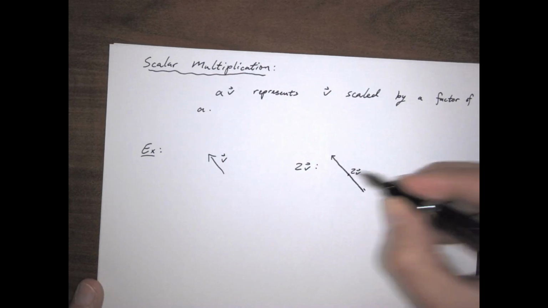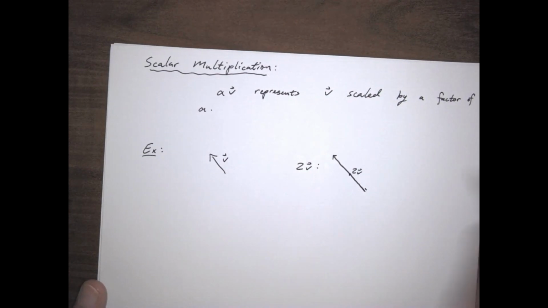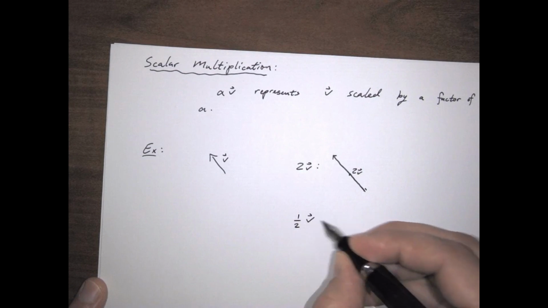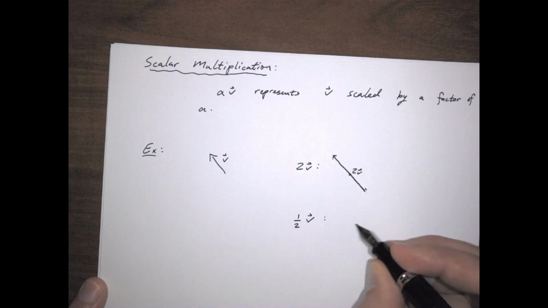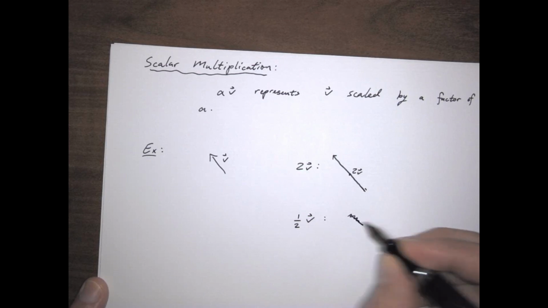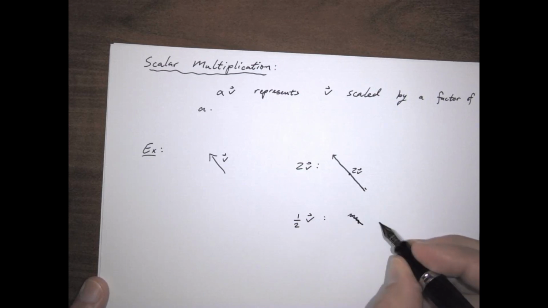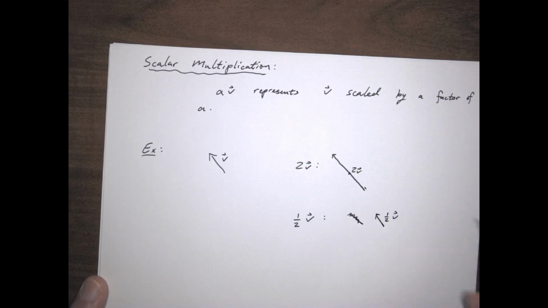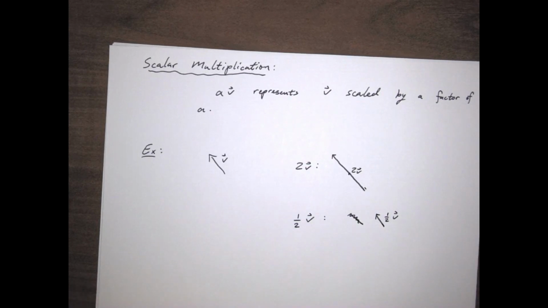So it's essentially like 2 copies of v head to head. 1/2 v would be the same thing as v, but only half as much. So instead of scaling it up, it's scaling it down. It's the same thing as v, just half as long.